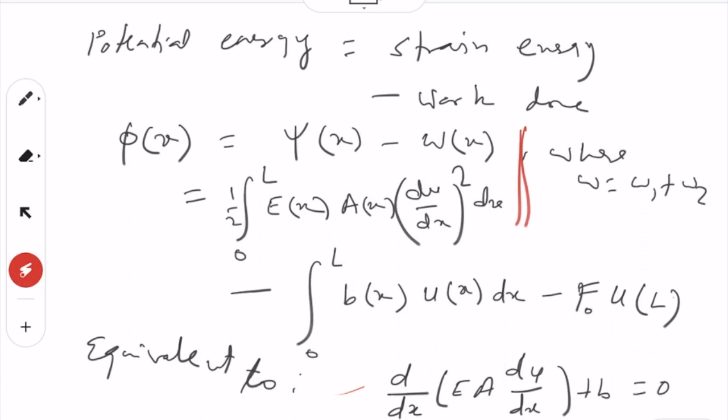In the potential energy based formulation there is no d squared u over dx squared, so we can easily take u as linear and solve it. Remember that for the Ritz method we are going to start from the potential energy format.